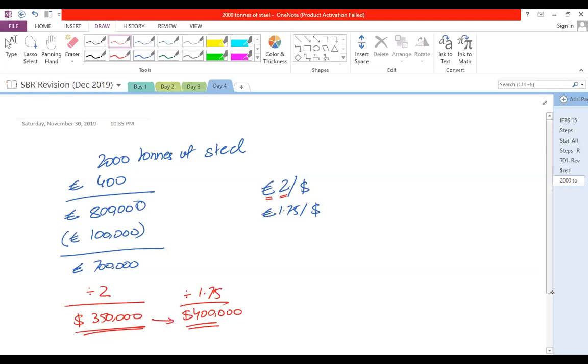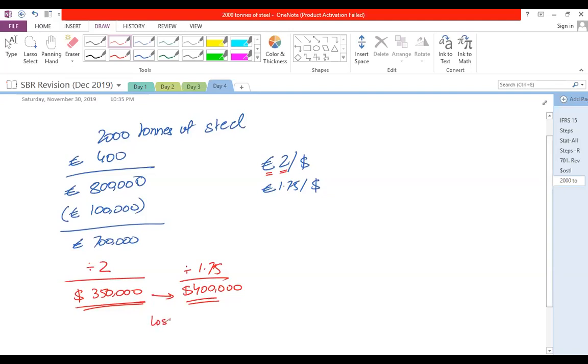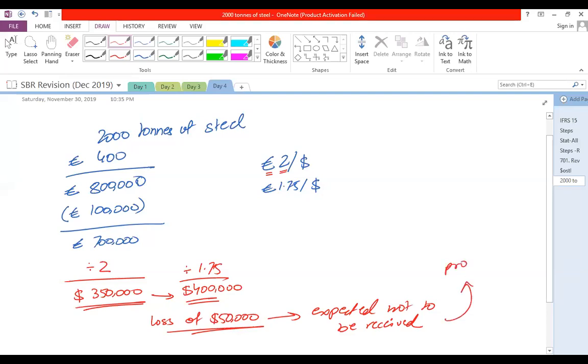Loss of how much? Loss of $50,000, which was expected not to be reversed. So this means this is a case of onerous contract. Yes, exactly, Huawei.